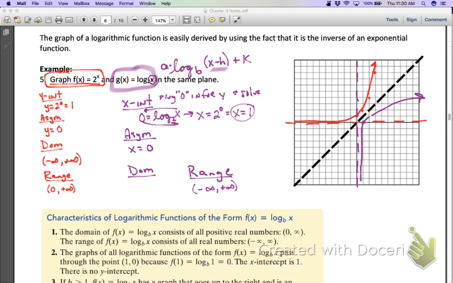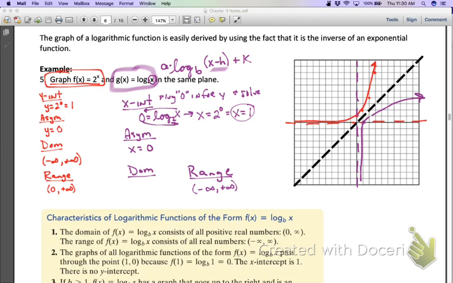Okay, the purple one and the red one are going to match each other. Okay, 1, 1, 0, 0, 1. If I went 2, I'd go over to 2, up 1, so on and so forth. Okay? They're all going to be opposites of each other.